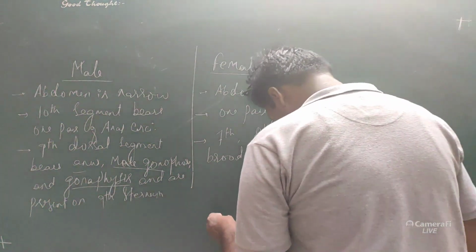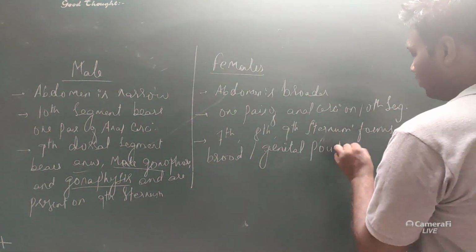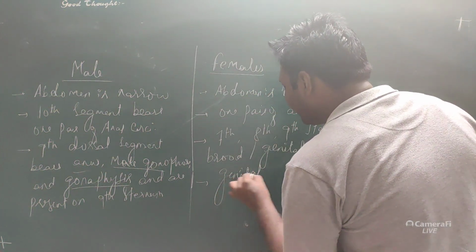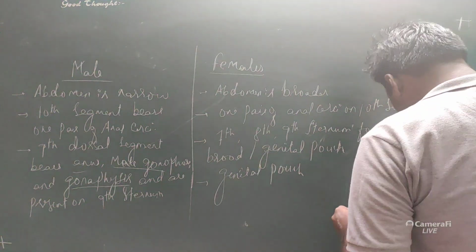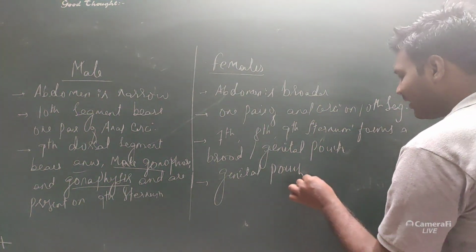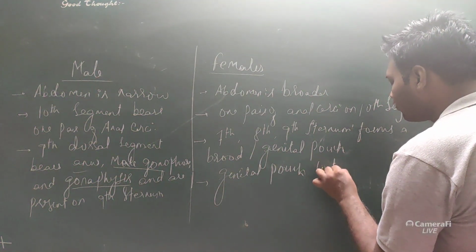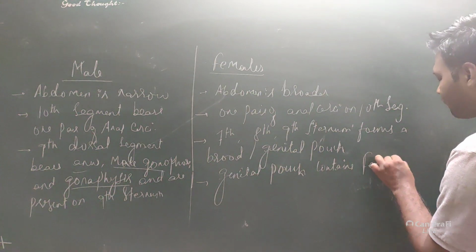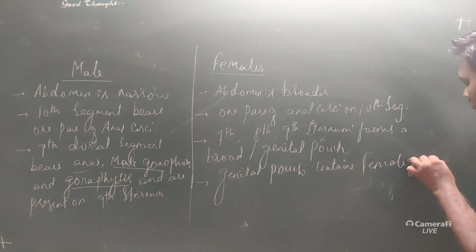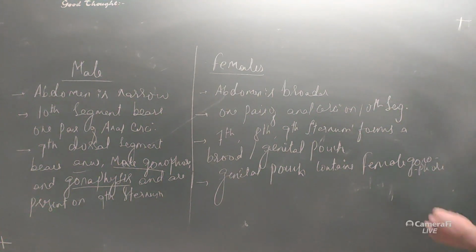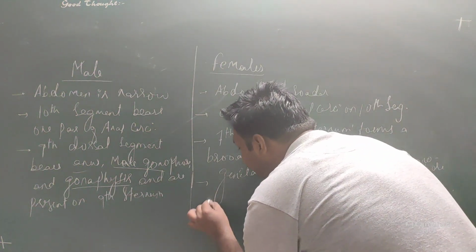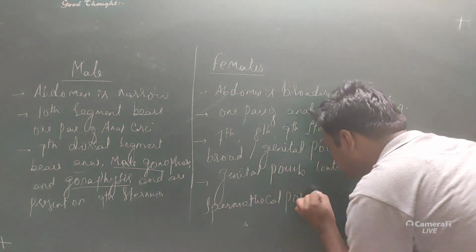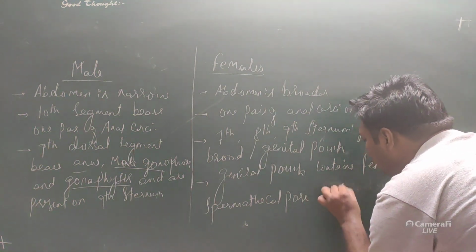The genital pouch contains the female gonophore, then the spermathecal pore and collateral glands.